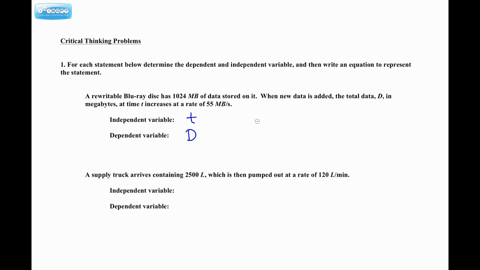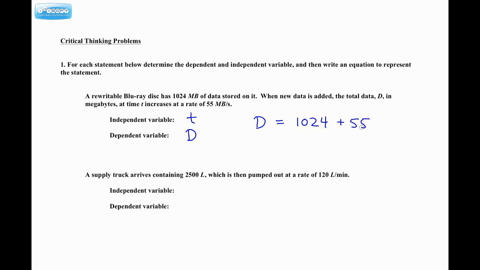Well, we know that the amount of data, we originally start with 1024 megabytes. But as time goes on, for each second, we add on 55 megabytes.